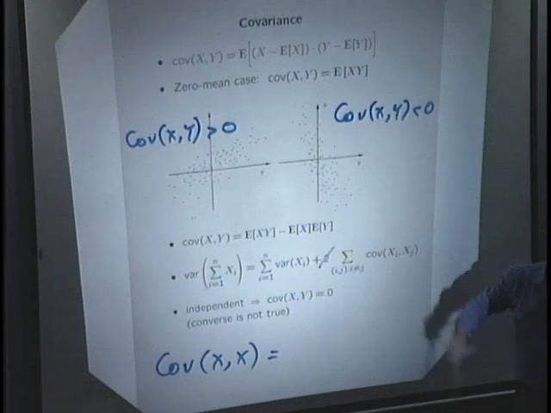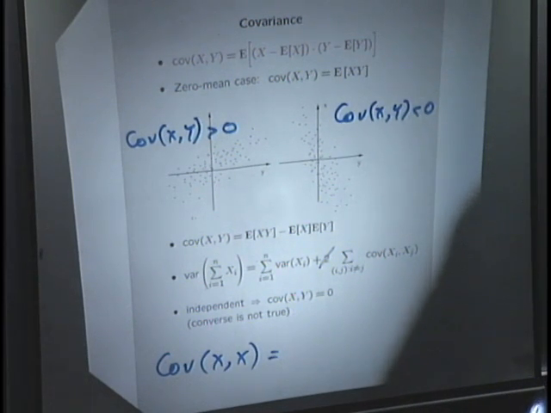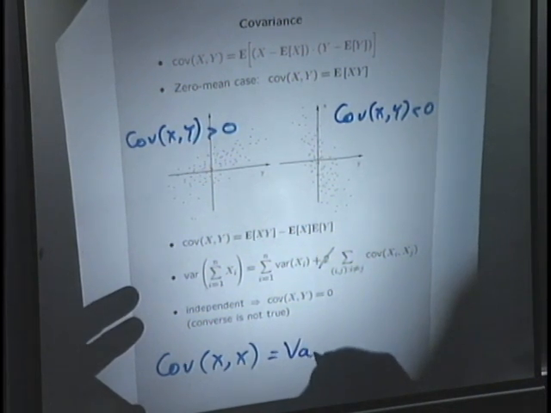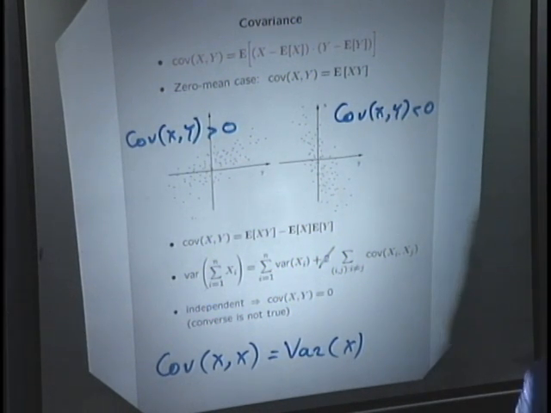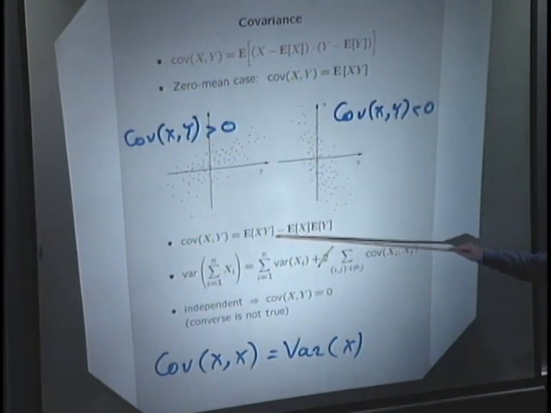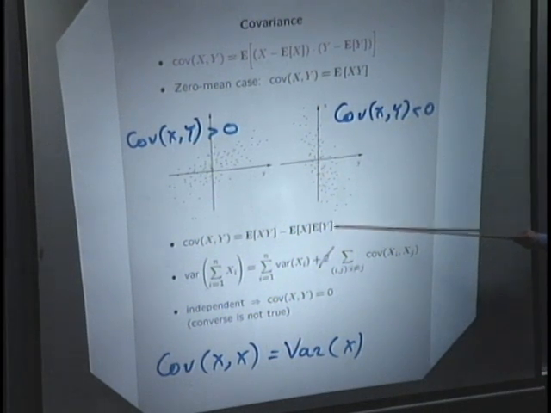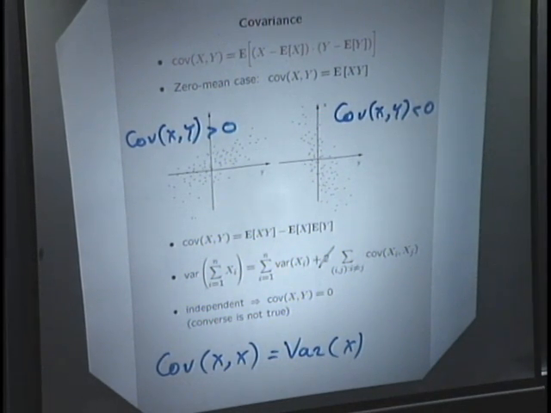And that's just the definition of the variance of a random variable. So that's one fact to keep in mind. We had a shortcut formula for calculating variances. There's a similar shortcut formula for calculating covariances. In particular, we can calculate covariances in this particular way. That's just a convenient way of doing it whenever you need to calculate it.